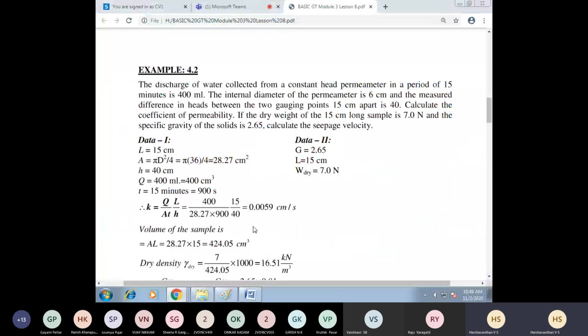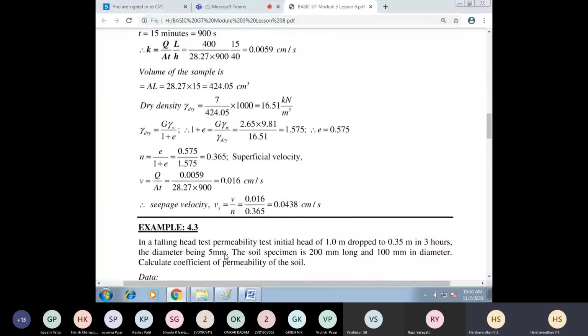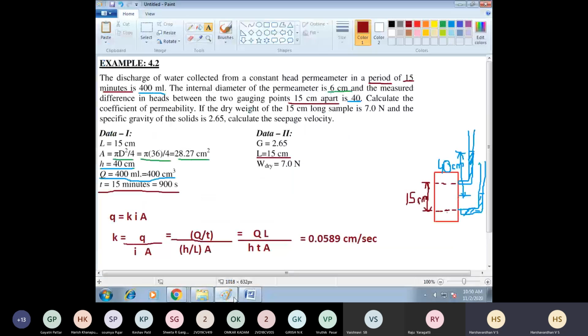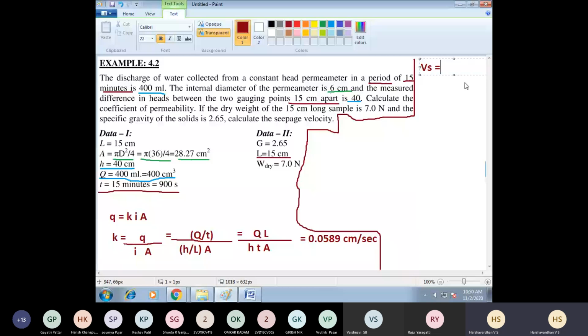Seepage velocity is given by V divided by N, that is the velocity of flow divided by N. I'll explain the concept of seepage velocity in the subsequent class.